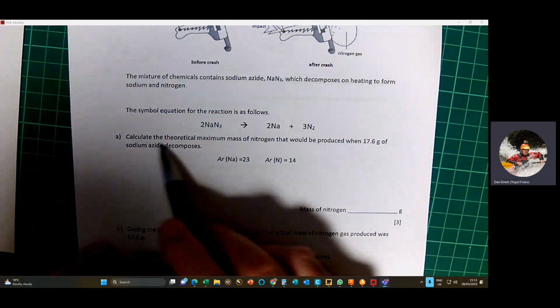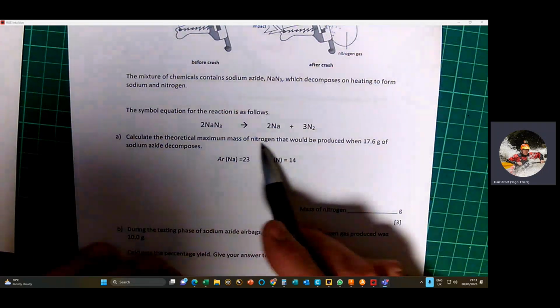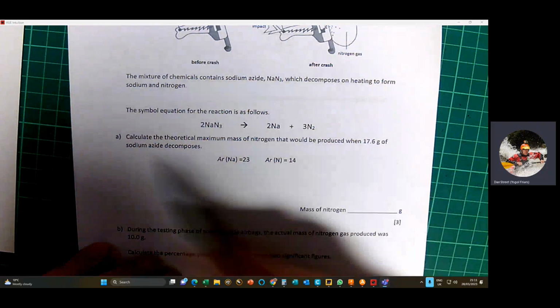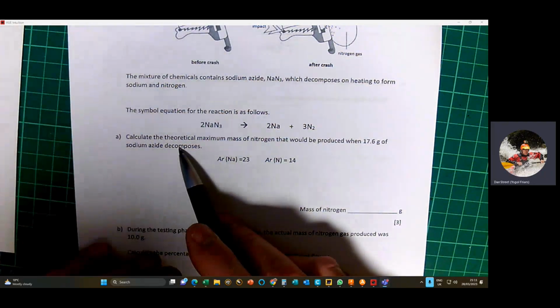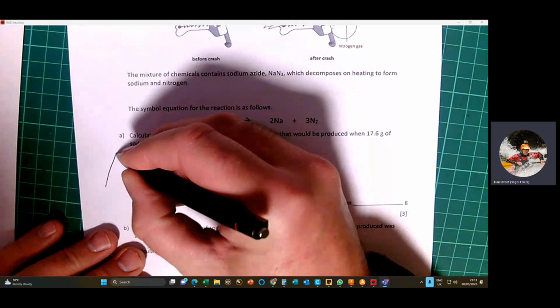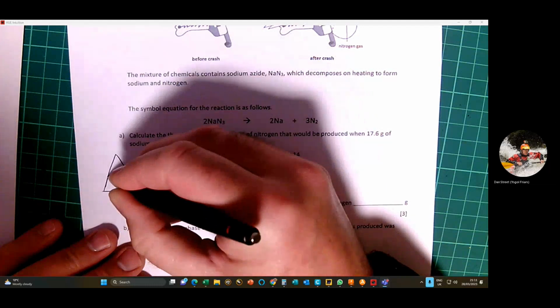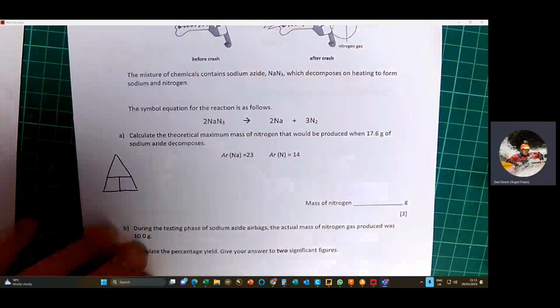So calculate the theoretical maximum mass of nitrogen that will be produced when 17.6 grams of sodium azide decomposes. Okay, so if we use our triangle, that's the way we're looking at it.